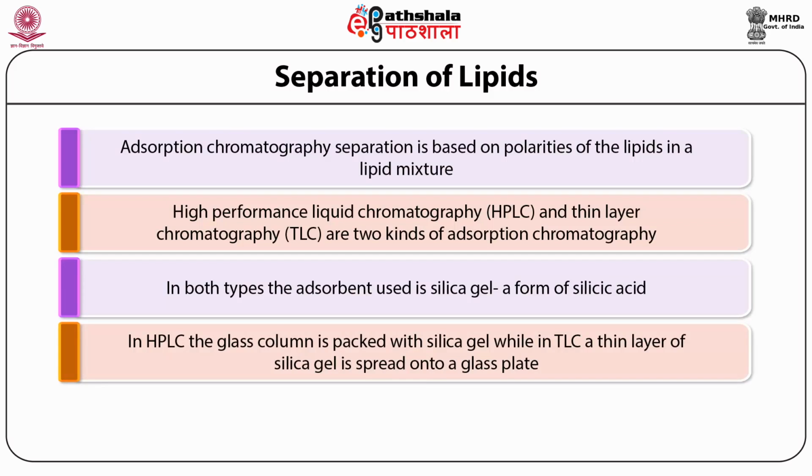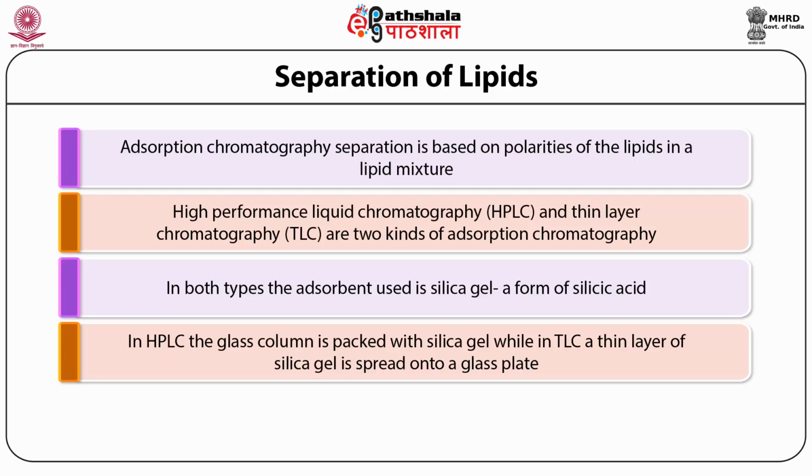Silica is a form of silicic acid, and since it is polar in nature, what do you expect? You would expect that the polar lipids in the lipid mixture will bind to this adsorbent. So silica gel is the stationary phase in this chromatographic method. So what is the mobile phase here?